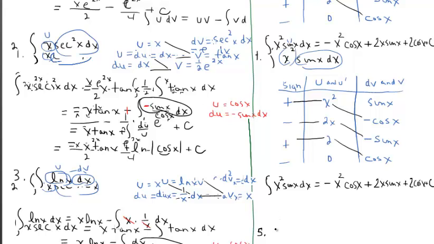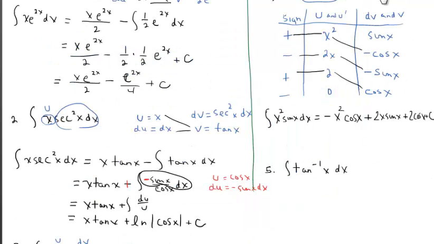Taking a look at the last one, it's kind of an interesting one. Similar to problem number 3, there's not really a product going on here other than arctan with the differential.